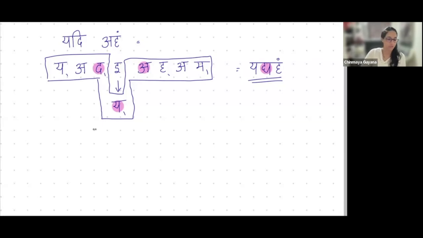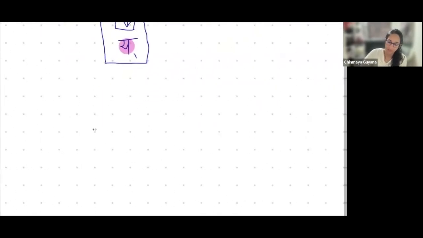Okay? What is the rule here? We'll do one more. And then you'll tell me the rule. The next example we'll take is prati ekam. So first, break up both these words into their sounds.